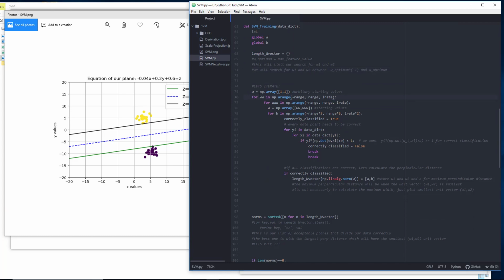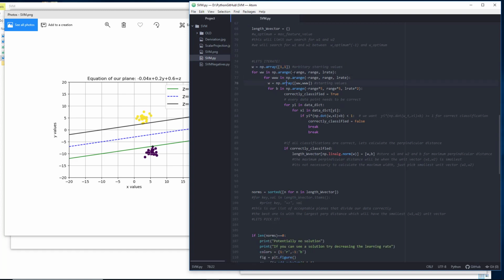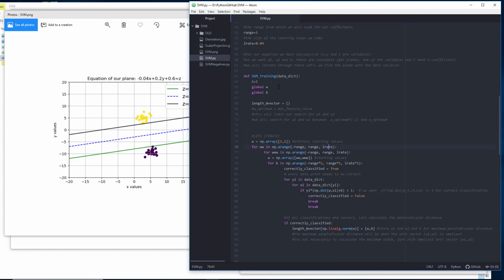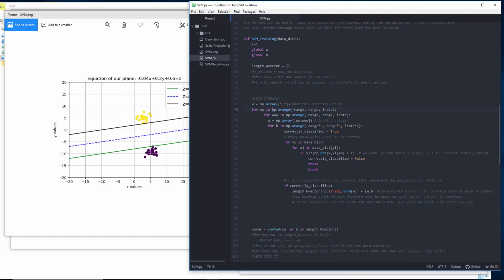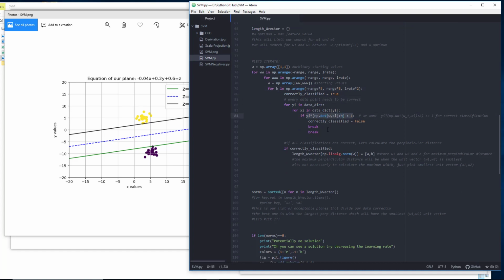So here it is. We're going to start with some arbitrary starting value for W, and then we're going to search between -1 and 1 with the learning rate as we defined up here. That's the one for loop, and this is the next for loop for W1, and this is the for loop for B. Then we go through this, and here is the first decision equation I was describing. It's a dot product of the W vector with the X data vector plus B, times Yi.